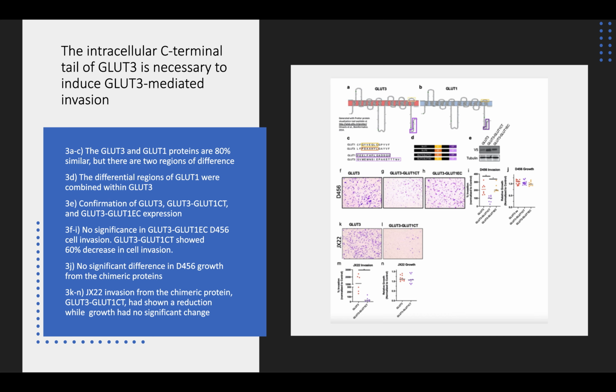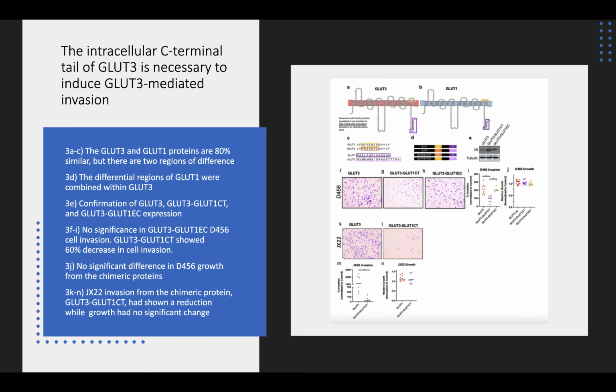In 3D, we see this switch, and we see GLUT1, GLUT3, and now the chimeras of each one.